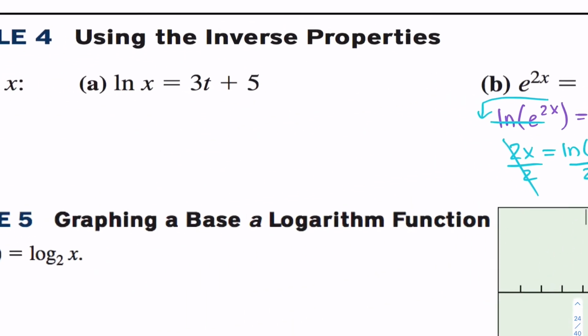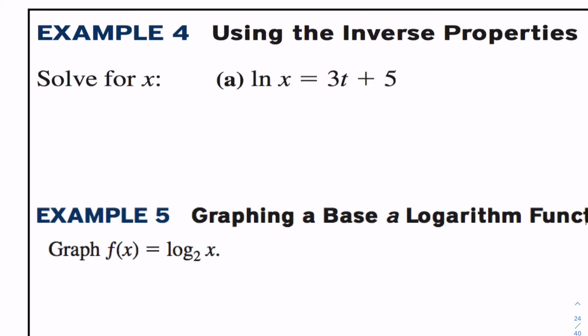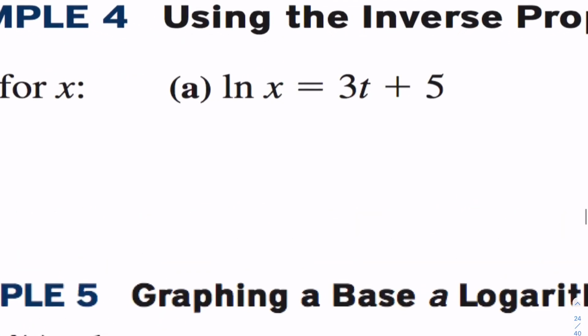All right, solve for x in this one. Well, I'm going to follow what I showed you earlier. The way to undo an ln is to work with e, but we can't put e on the inside because that's not possible. But what we can do is create a base e on both sides. And with that base e on both sides, I exponentiate.